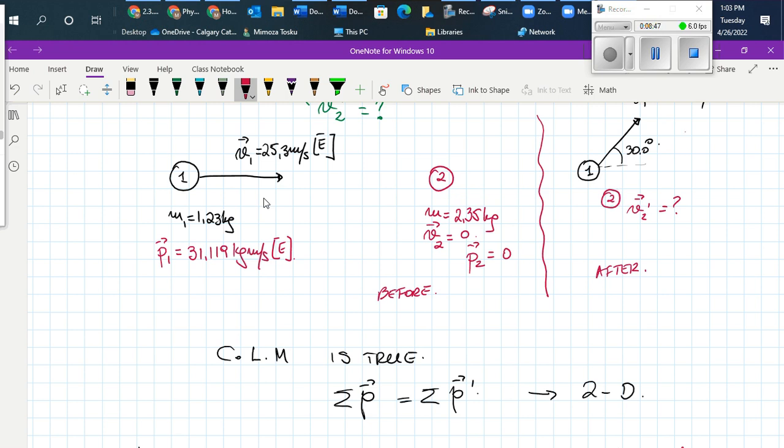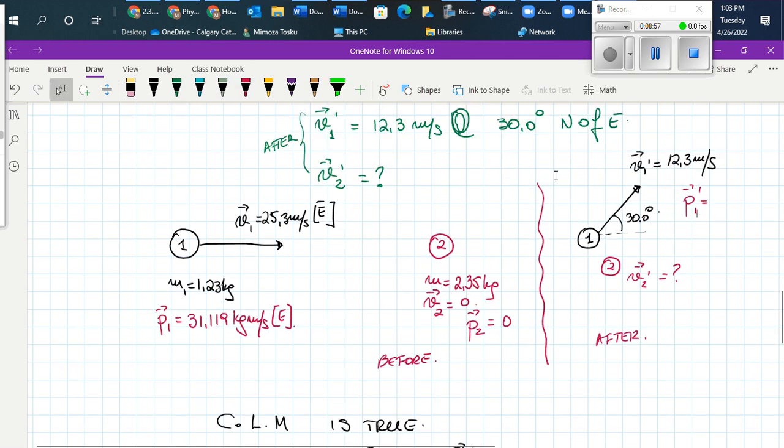And now, for the momentum of 1 after the collision, we will have 1.23 times, I think it was 12.53, times 12.3, which equals 15.129 kilogram meters per second at 30 degrees north of east.